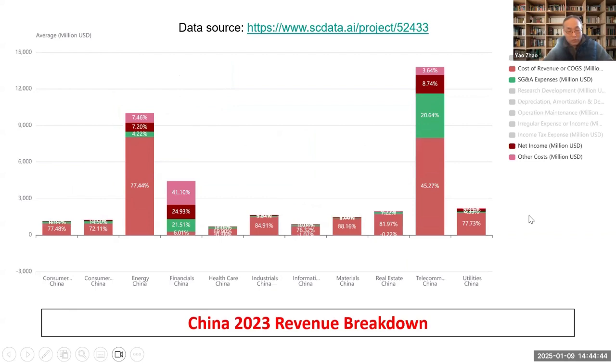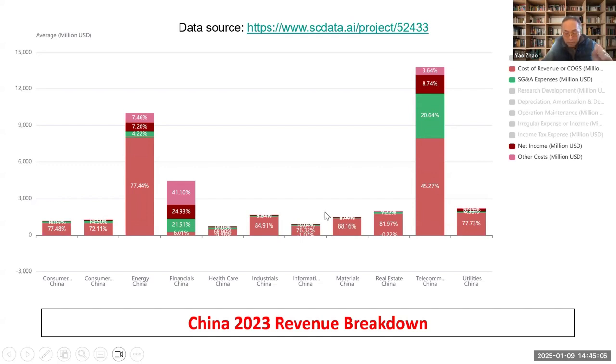Let's look at another country, which is China. Similarly, we plot out the revenue breakdowns for all these 11 different industry sectors. We can see two differences. The first, of course, we confirm the importance of cost of goods sold and SG&A.